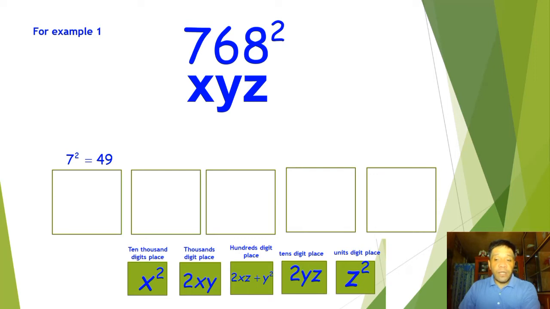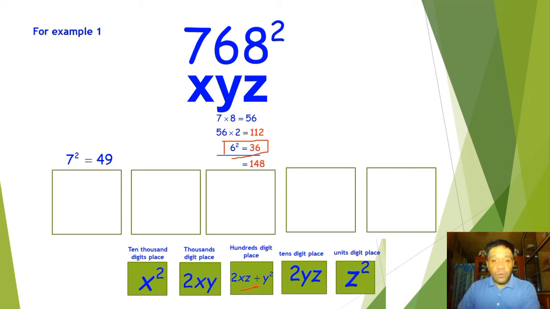So we have 49. Then we use the middle term, the square of the tens place, which is 6 squared, we have 36. And then the other term, which is 2xz, meaning twice the product of the hundreds and the units place values. So we have 7 times 8, which is 56.